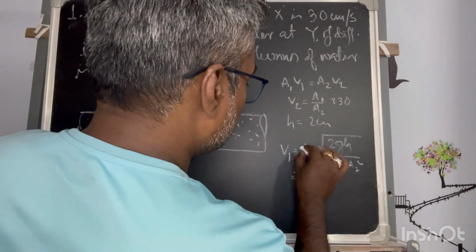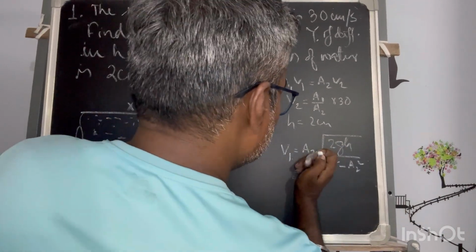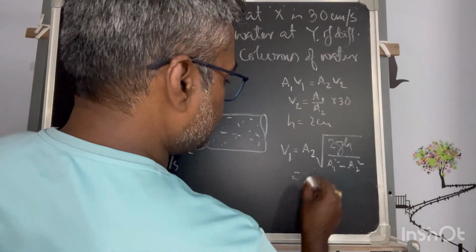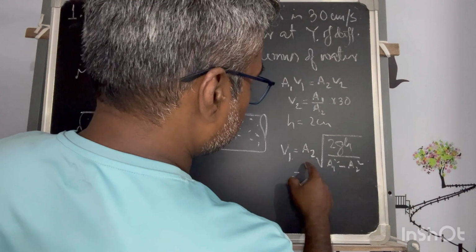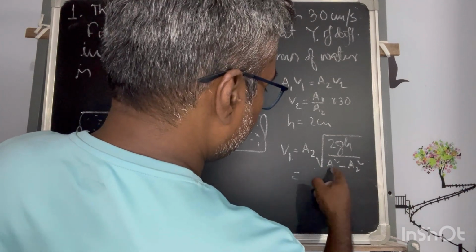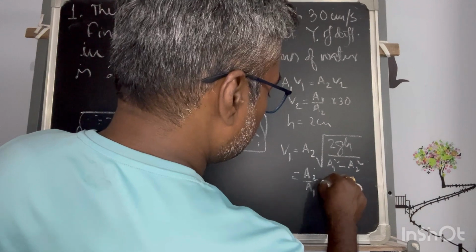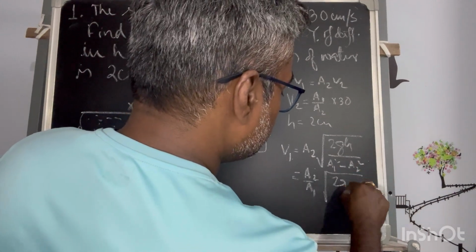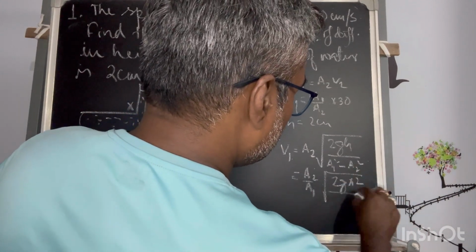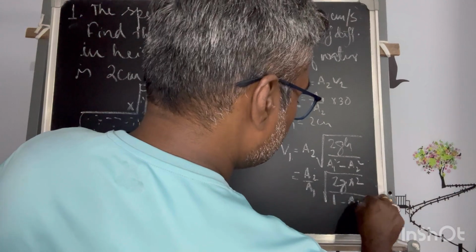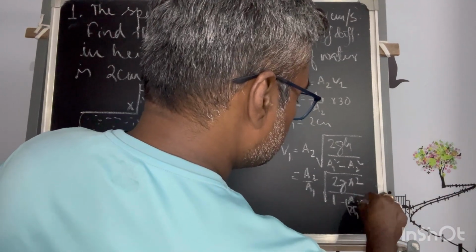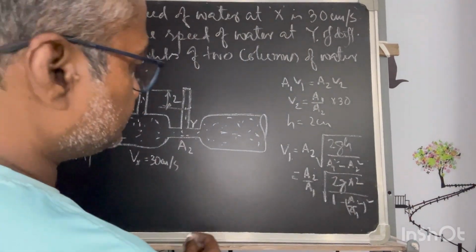Let me take V1, so this will be A2. H is known, so this is V1. If I take A1 common, A2 by A1 will be there, and this will be 2g, H is equal to 2, 1 minus A2 by A1, whole square.